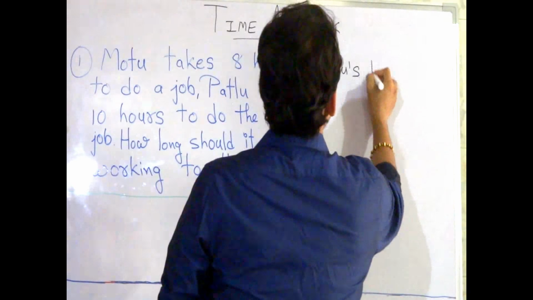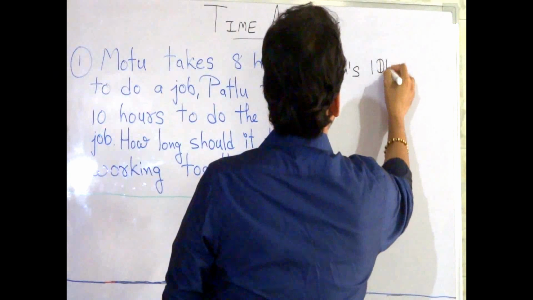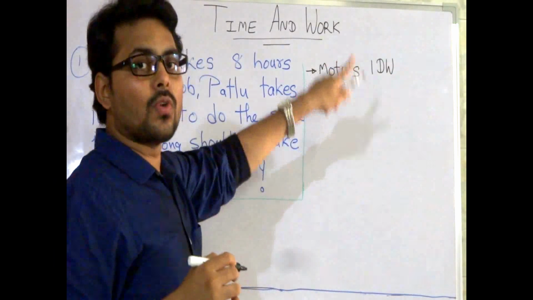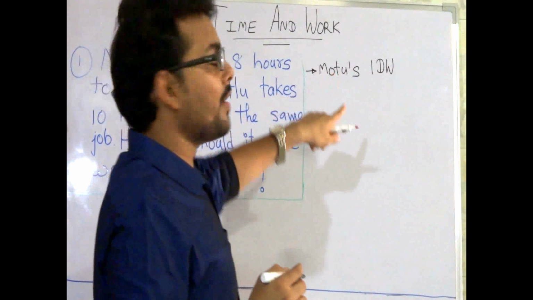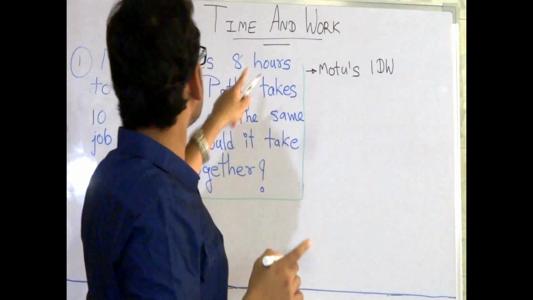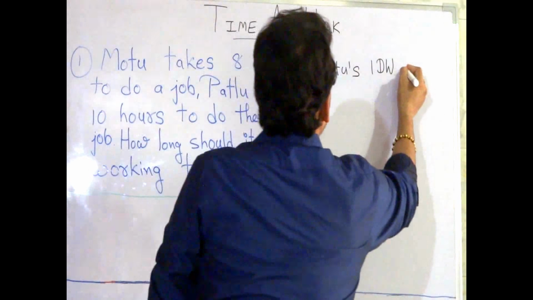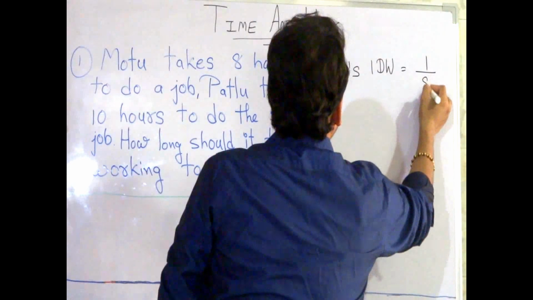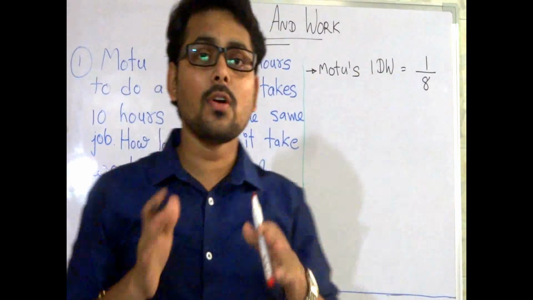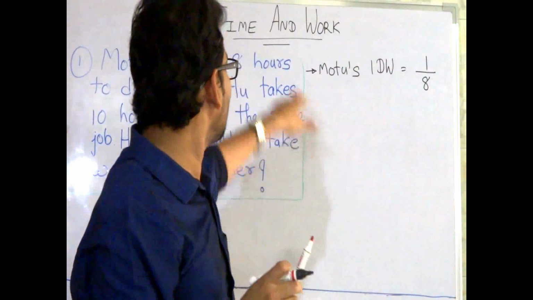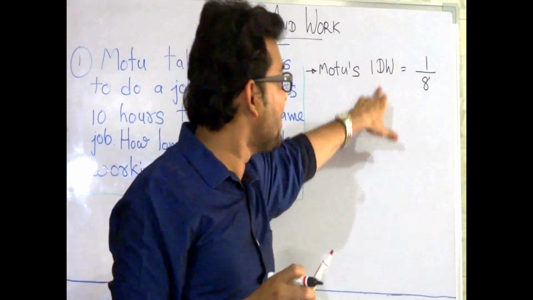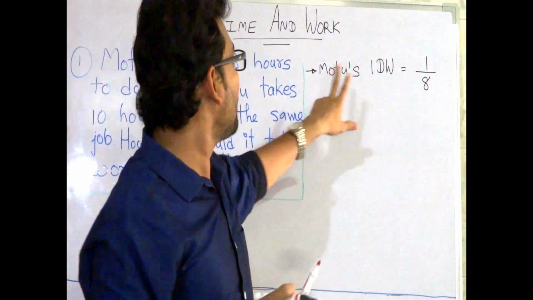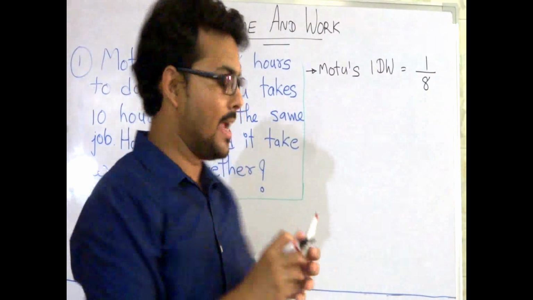Motu's 1 day work, according to our first formula, is 1/8. I told you time and work are inversely proportional to each other. 8 hours is the time, so 1 day work is 1/8. Okay, Motu's 1 day work is 1/8.